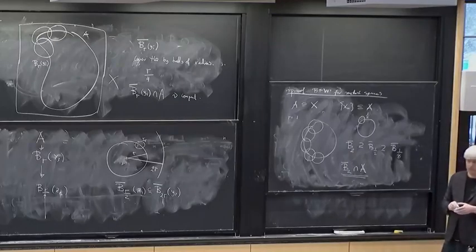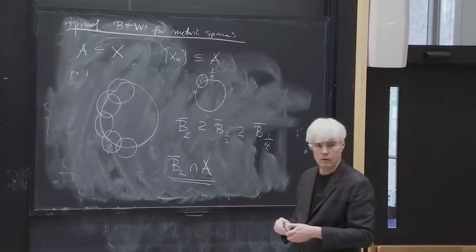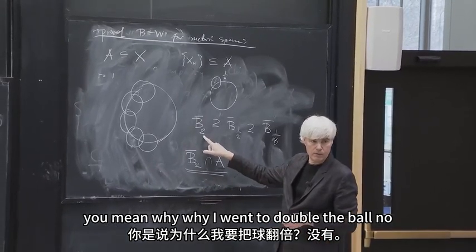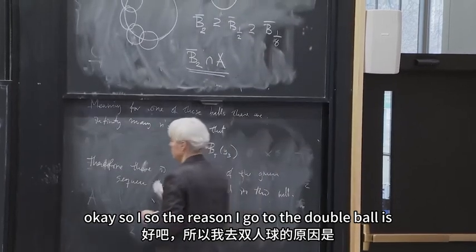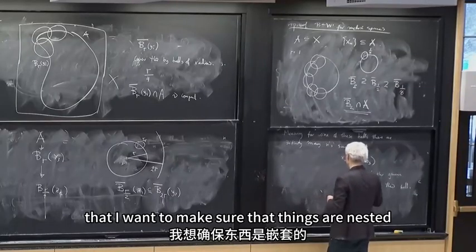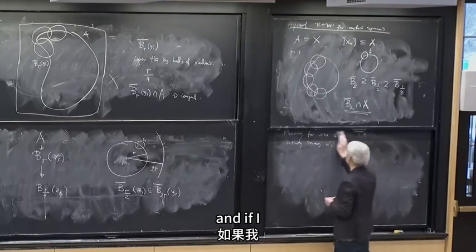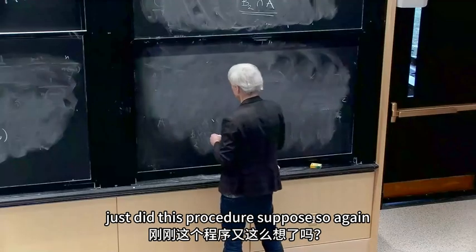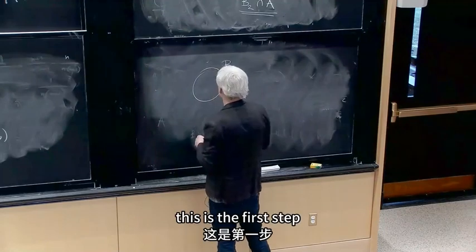If I understand where the B substitute comes from, is it like you're looking at the ball of radius 1 and have to see how to contain the ball of radius 1/4? So you mean why I went to the double ball? The reason I go to the double ball is that I want to make sure that things are nested. I take this ball here, this is the first step.